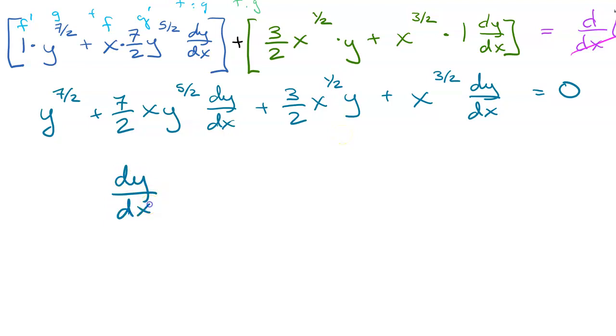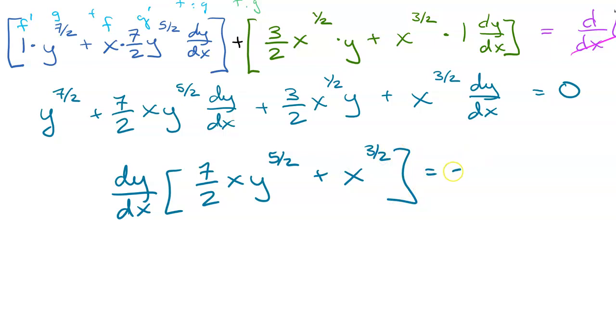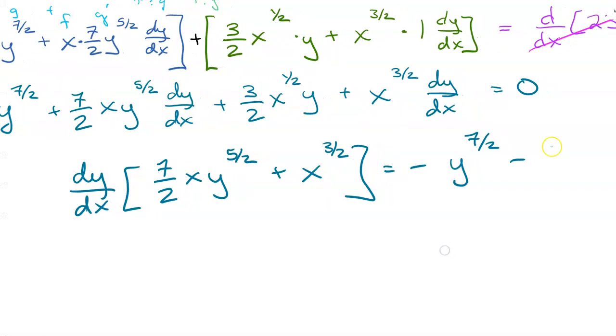So dy dx times 7/2 x y to the 5/2 plus x to the 3/2 equals negative y to the 7/2 minus 3/2 x to the 1/2 y.